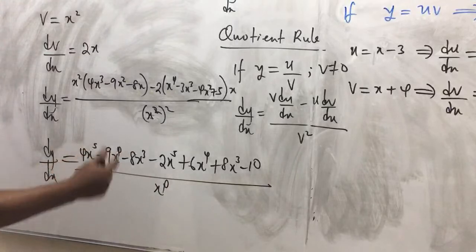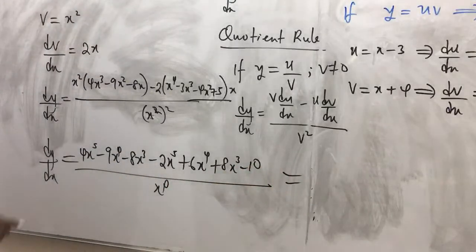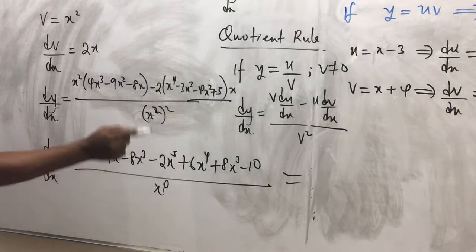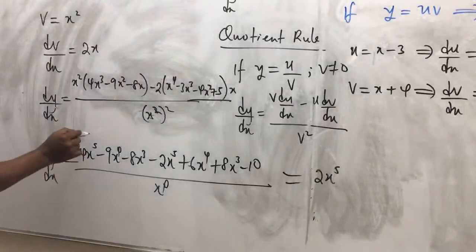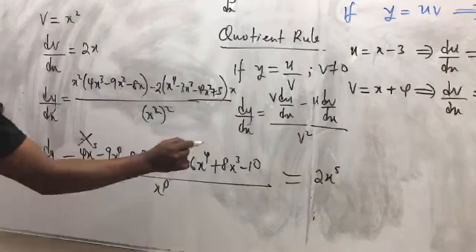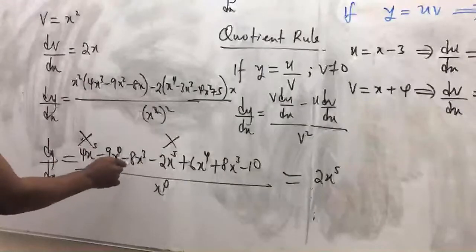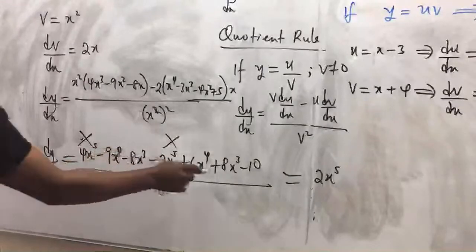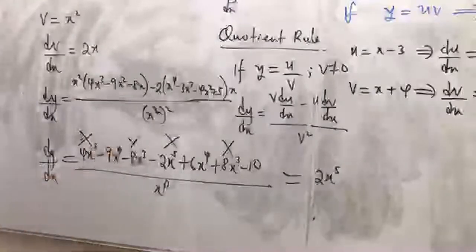Now, you can simplify by taking like terms. So let's simplify to get the final result. 4x raised to power 5 minus 2x raised to power 5 will give us 2x raised to power 5. So I've handled this and I've handled this. Then we have minus 8x raised to power 3 plus 8x raised to power 3 would give us 0. Okay?